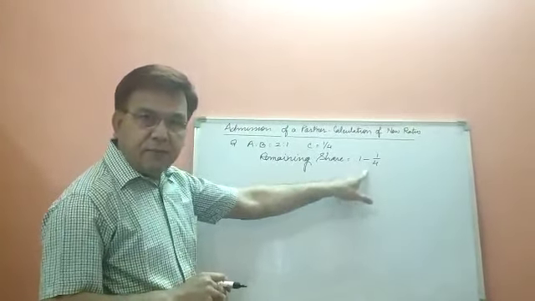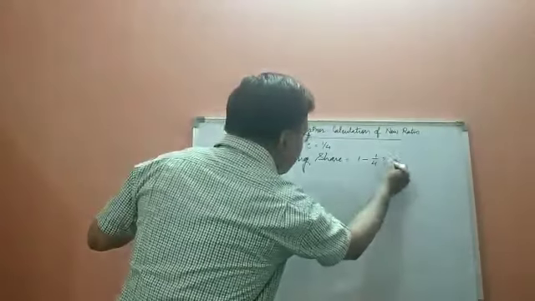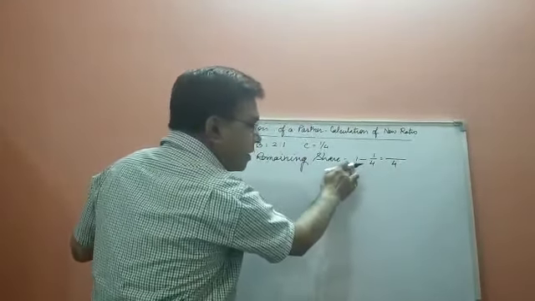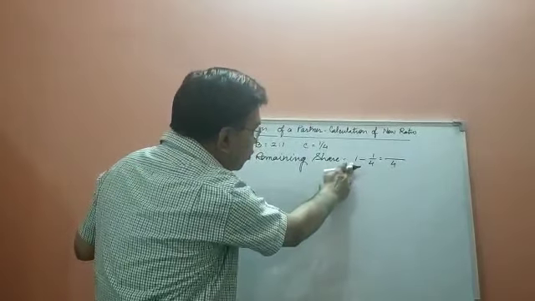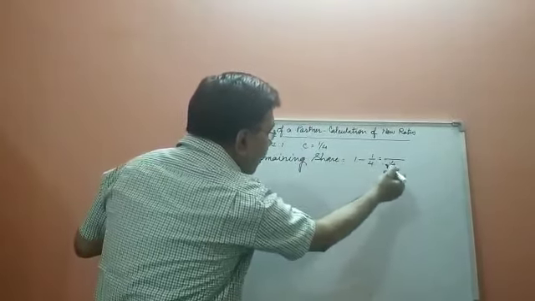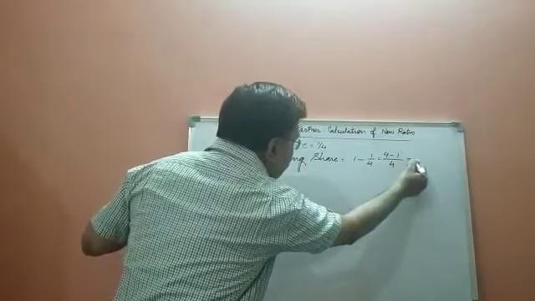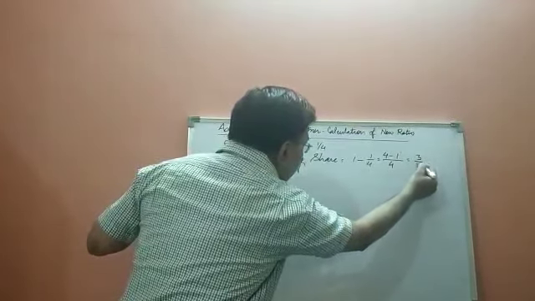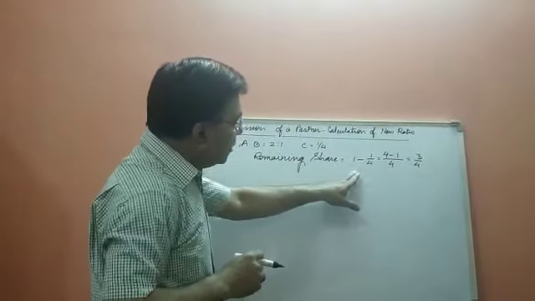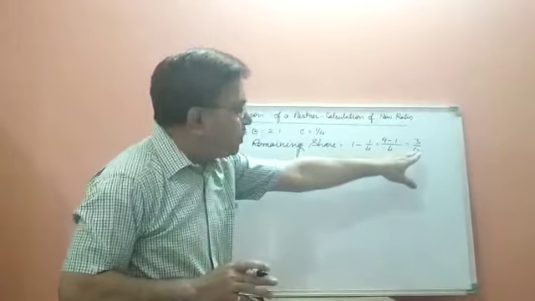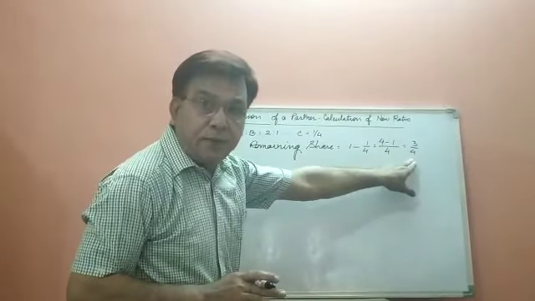We take LCM, it is 4. Then here it is 1 down there. So 1 4s are 4 and 4 1s are 4. So 4 minus 1 is equal to 3/4. This much mathematics you must know, right? So remaining share is 3/4.